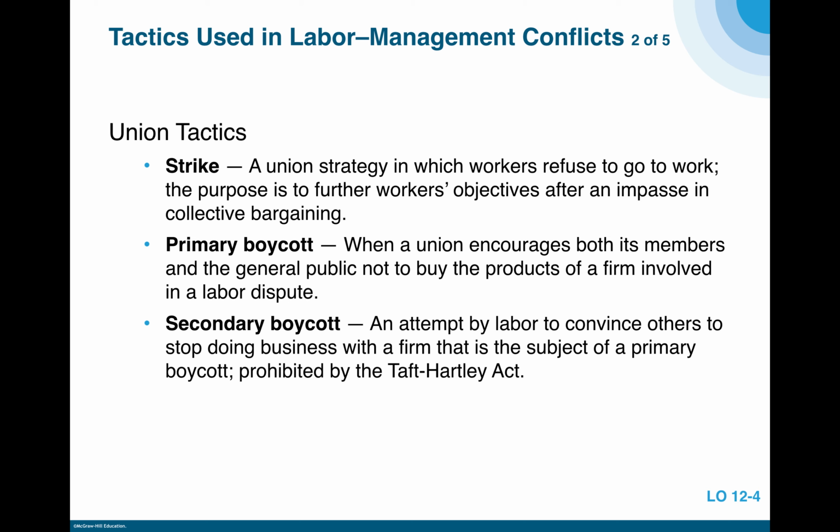With a strike, nobody's going to be at work and nothing's going to be getting done. That's going to come back on management, because if they are producing products, they can't get the product out since they don't have any workers there to do it. That can put some pressure on management to hopefully get an agreement with the union put together.